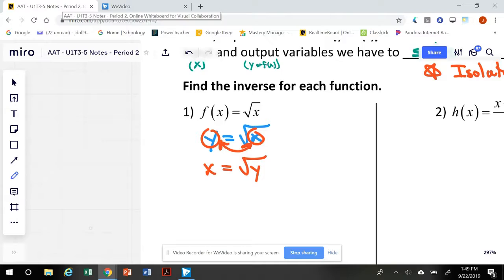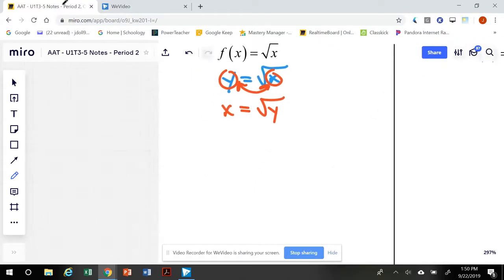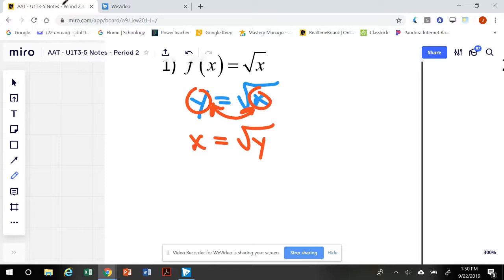Here's the catch though. To be written as an inverse of f of x, since f of x or y was alone to start, we have to end with f of x or y alone. So we need to do whatever we need to do in the equation so that y is alone, not x, which is where we're at right now. So the question becomes then, what do we do to get y alone?